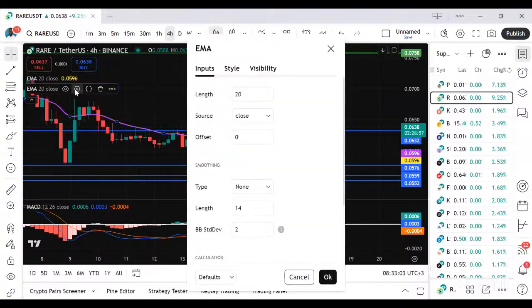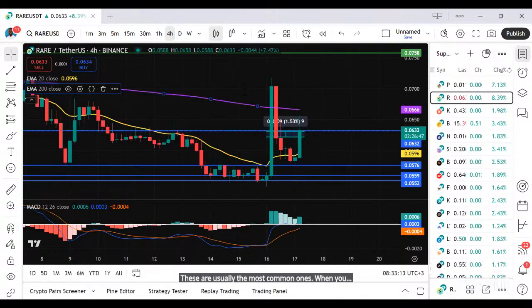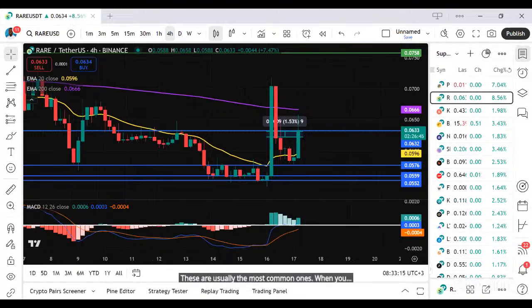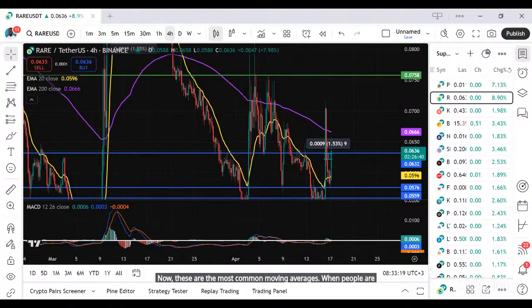These are the most common moving averages when people are looking at long-term investment.